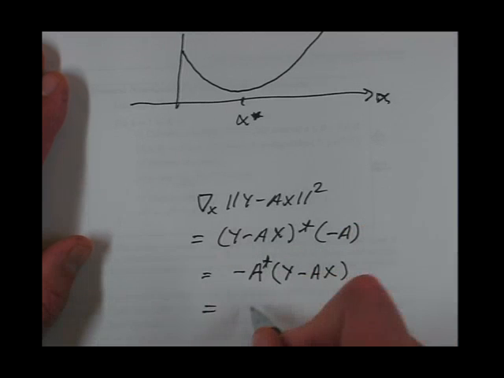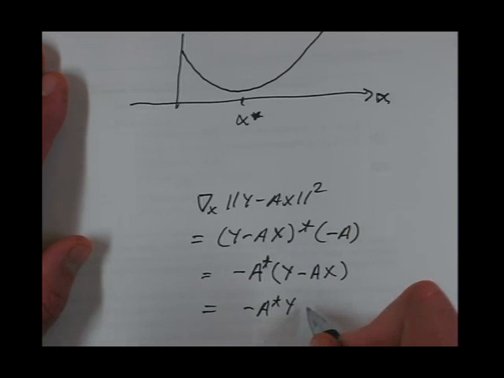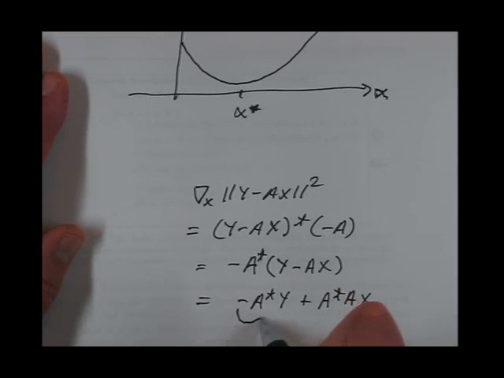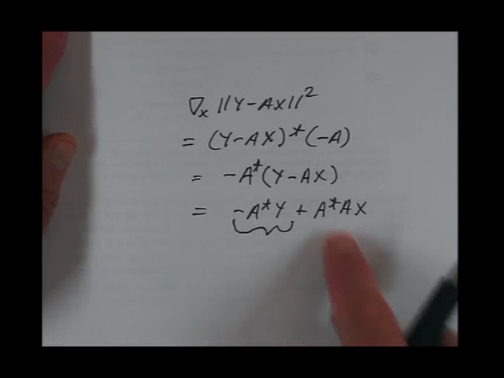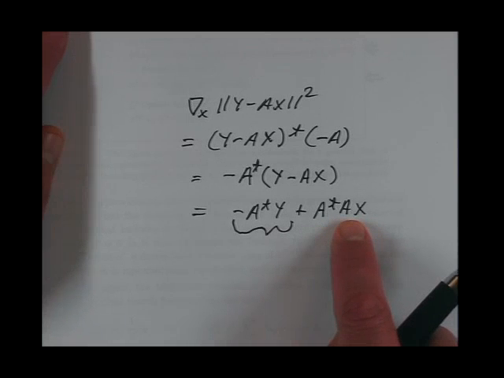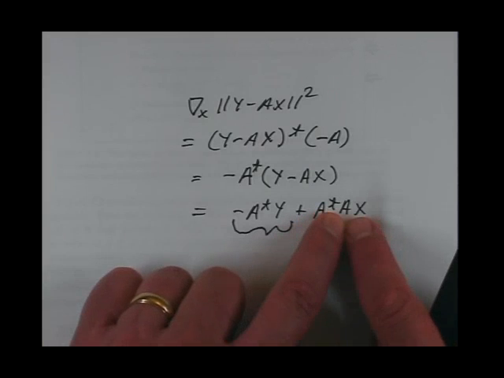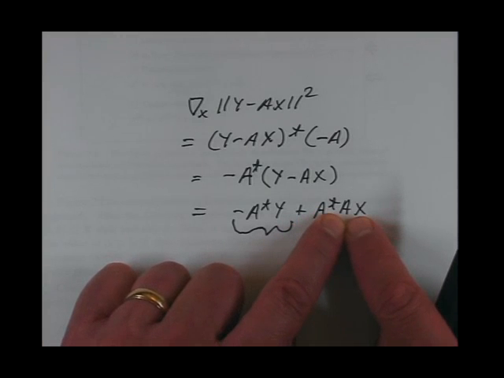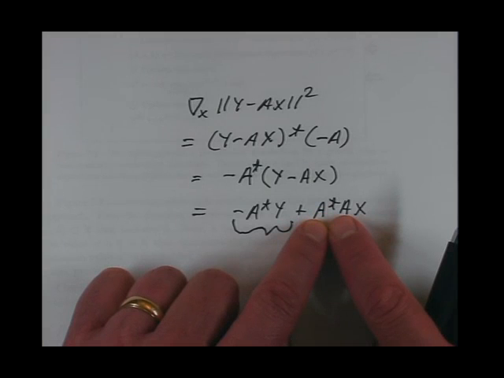So that's equal to minus a transpose y plus a transpose ax. So this actually could be pre-computed once. But this is the part you have to compute online. So every time you do an update, you have to compute a transpose a. In tomography, multiplying by a is a projection, and a transpose is a back projection.